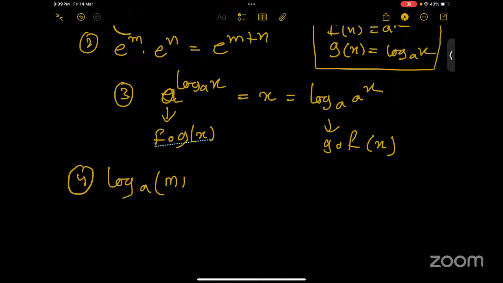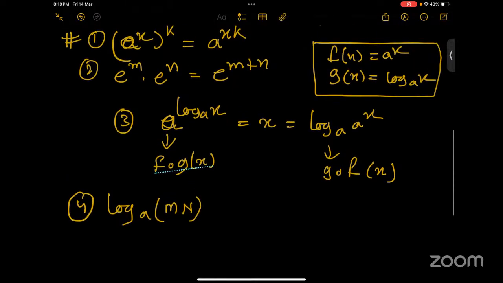Ma'am, identity function means x, or it is different for different functions? Can you repeat again? You said the identity function will be equal to... Identity function means identity of x is always x.